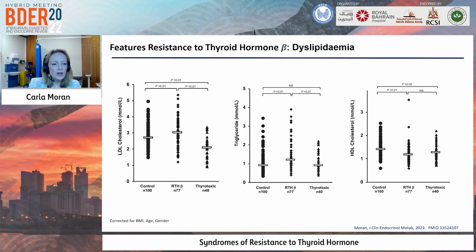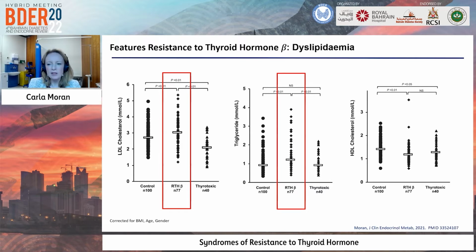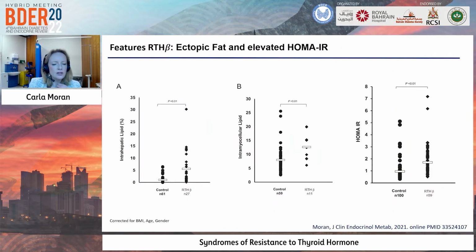And to look at this further, we measured lipid profiles in a large number of patients with resistance to thyroid hormone beta. And we found that their LDL level is elevated, their triglyceride level is elevated, and their HDL level is lower than controls. And this is a lipid profile that's reminiscent of the metabolic syndrome. So we went on to look at other features of that condition.